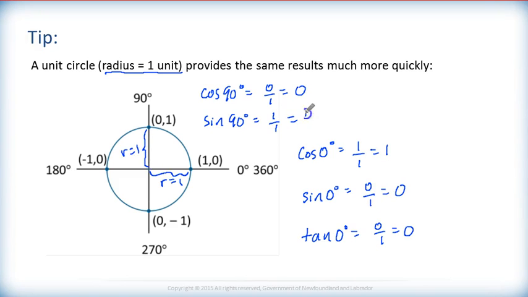So we have 1 over 1, which is 1. So continuing on, the cosine of 180. Let's see if that works out. Cosine of 180 is negative, its x-coordinate is negative 1. The r value, though, is positive 1. And so we get negative 1.